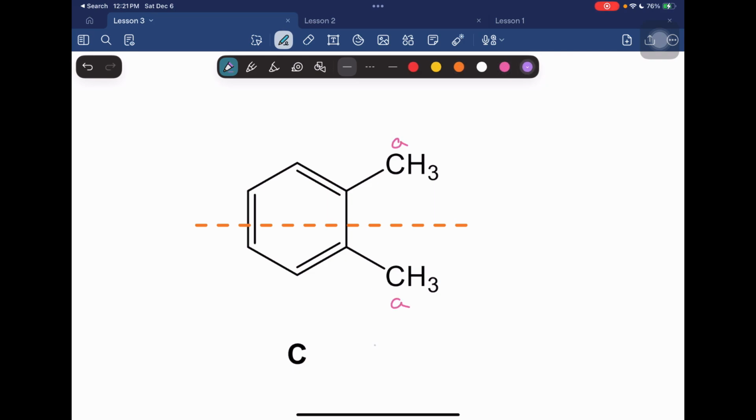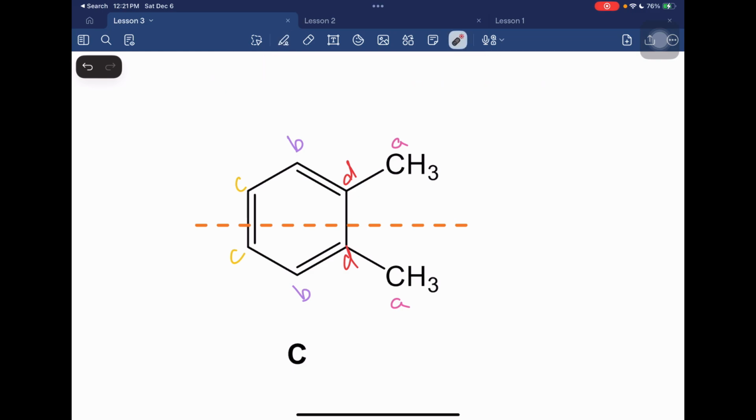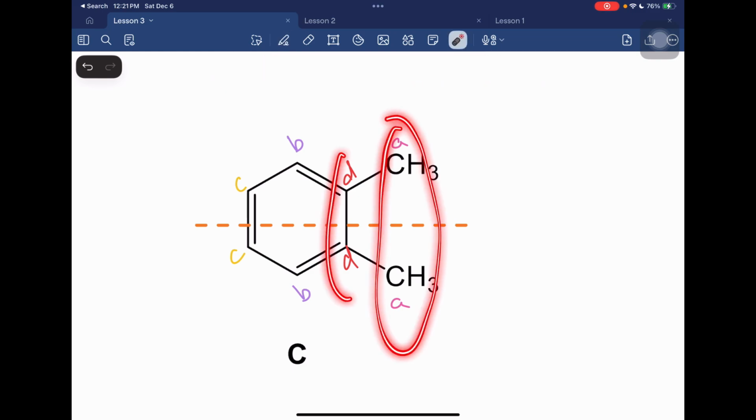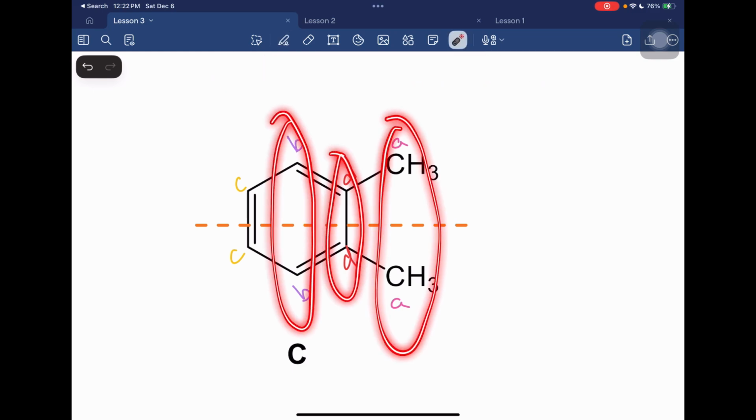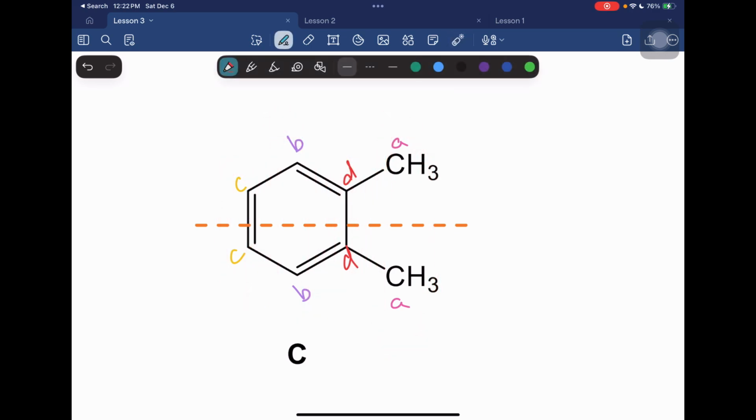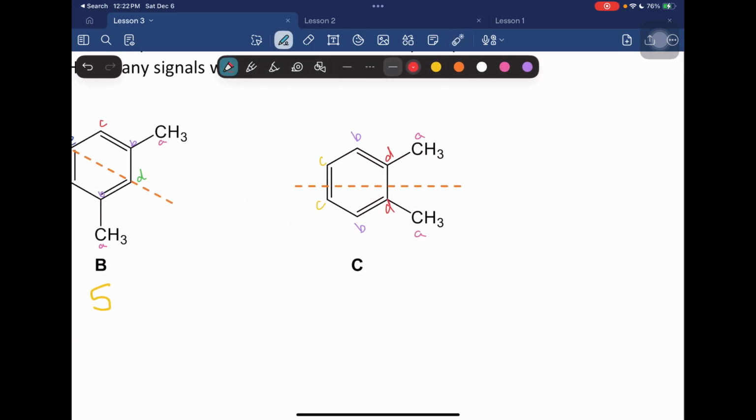Because these are equals. Then B, B, because those are equals as well. C, C, D, D. So that's going to be 1, 2, 3, 4 signals. This is going to release 4 signals.